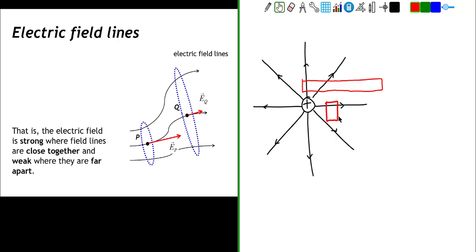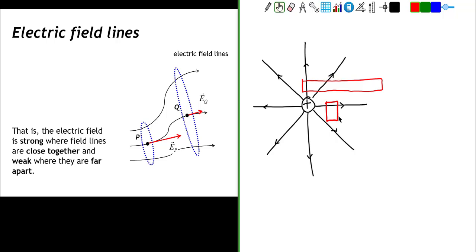So this is why we can use this electric field line model to indicate the relative strength of an electric field in space.